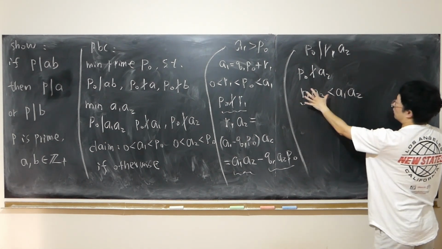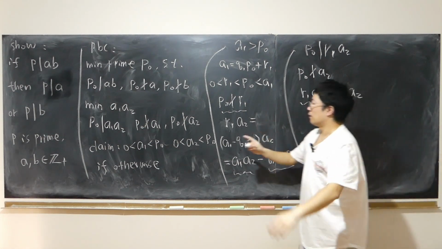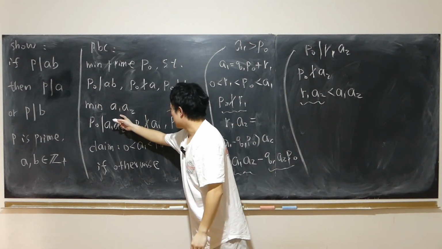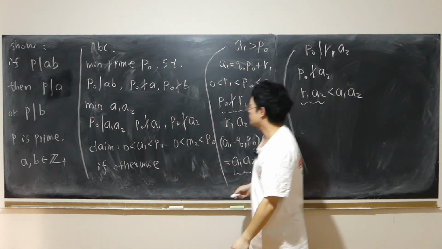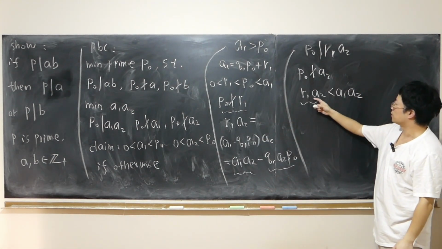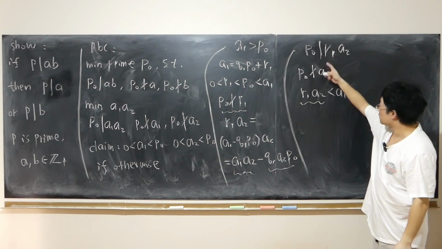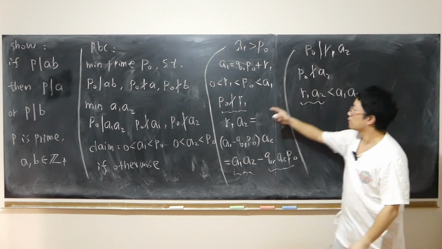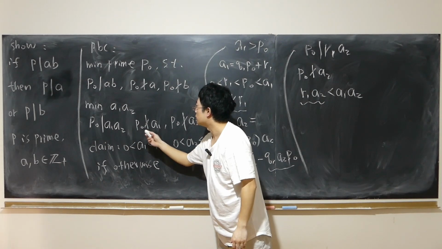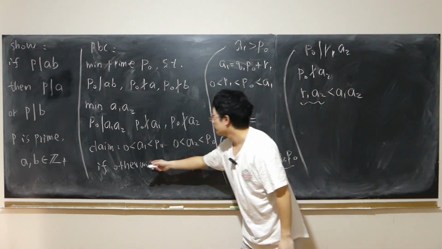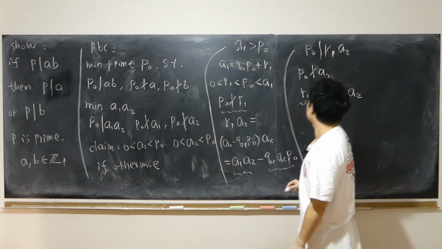So already a contradiction, because I said A1, A2 is the minimum product. Somehow I found another smaller product, R1 times A2, that also satisfies this condition, so contradiction. That's why this is true.